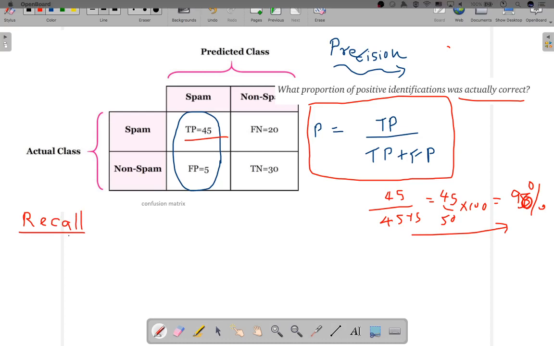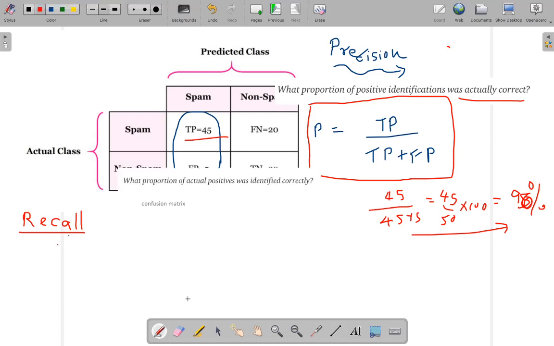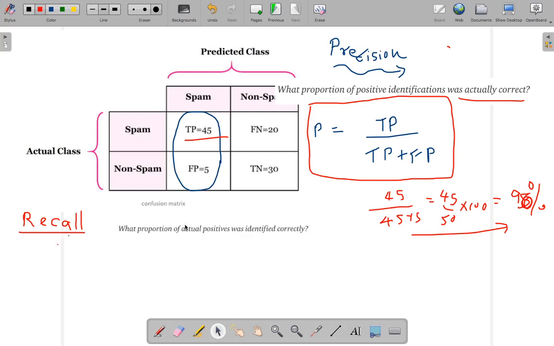Unlike in the previous case, the question it tries to answer is: what proportion of actual positives were identified correctly?